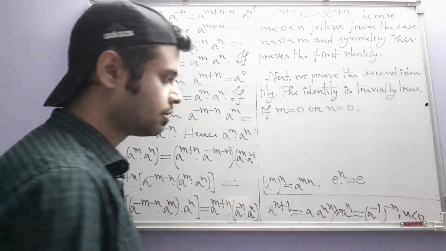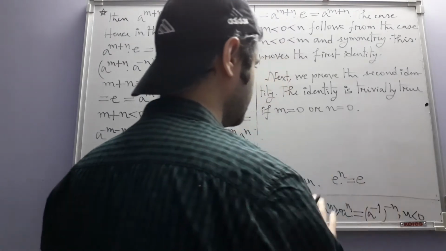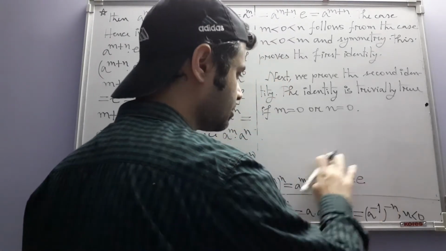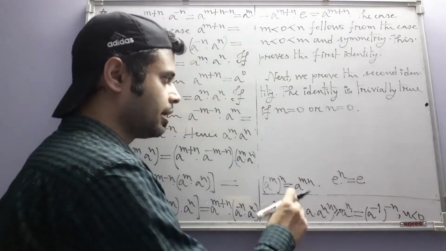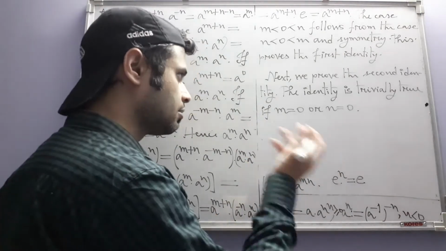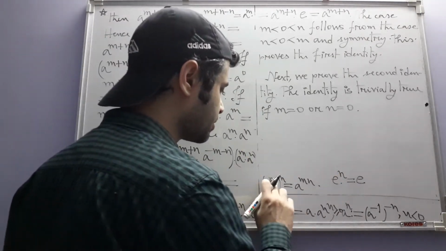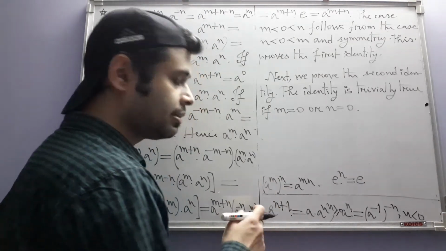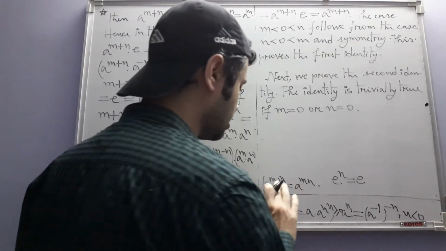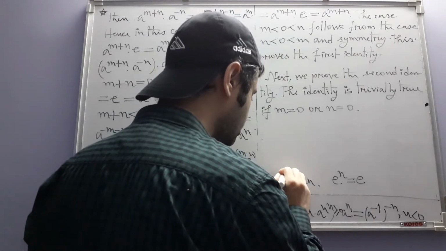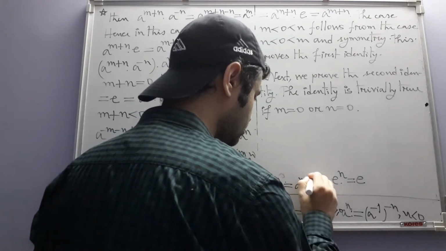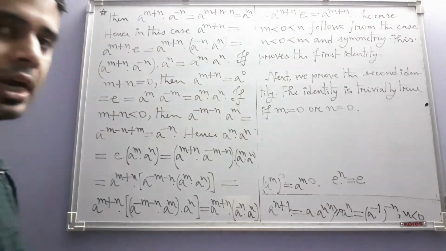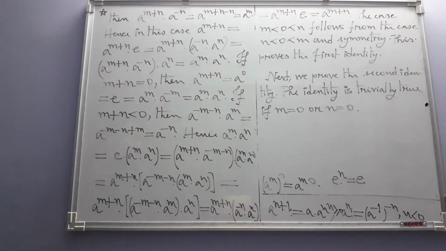That can be done, and this is left. It is trivially true. What happens when n is equal to 0? That case is even easier than this one. If n is equal to 0, you have this. So on both sides you have identity. So that is true.